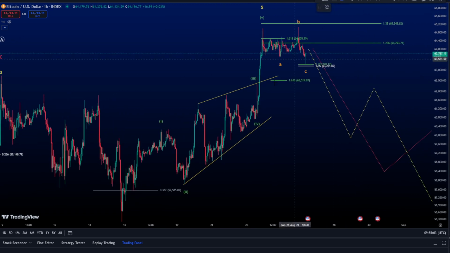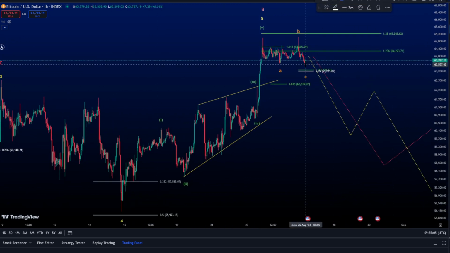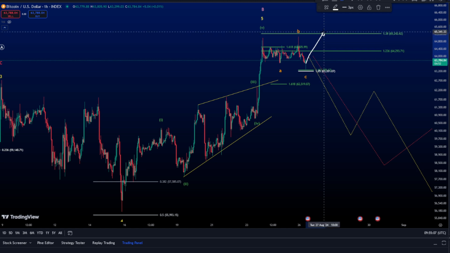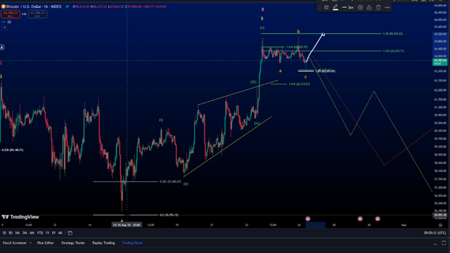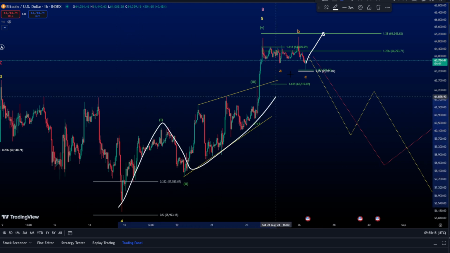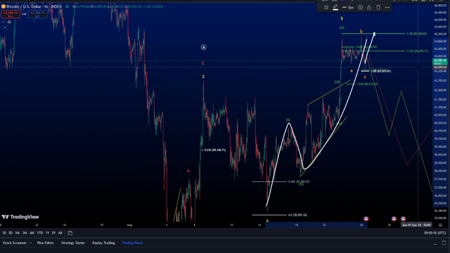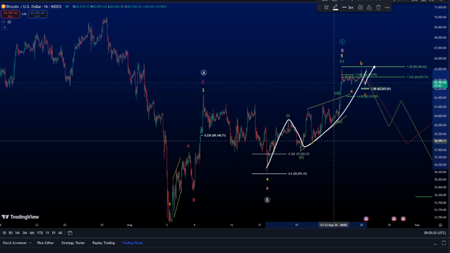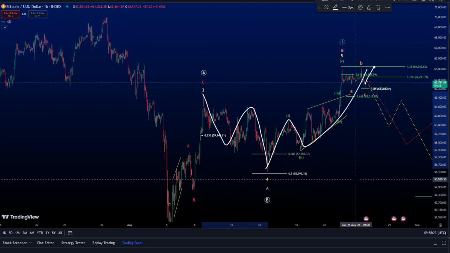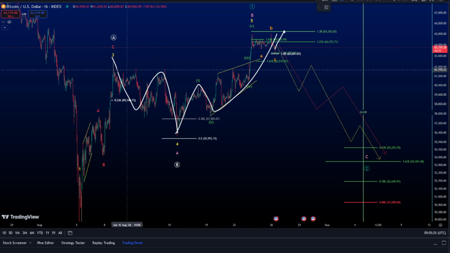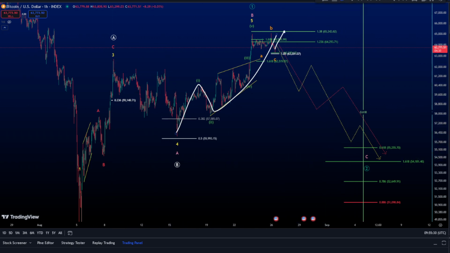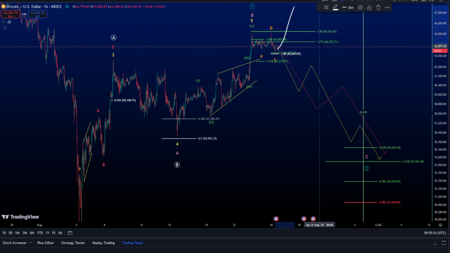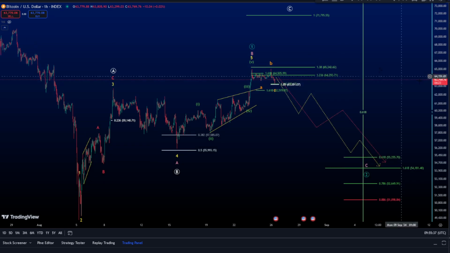So what we want to see is that if the price touches only this level, which is a higher high, of course, that means we are looking at A, B, and C here, finished 3 waves, and of course that means a finished 3 waves before as well, which opens an expanded flat towards the downside, of course.